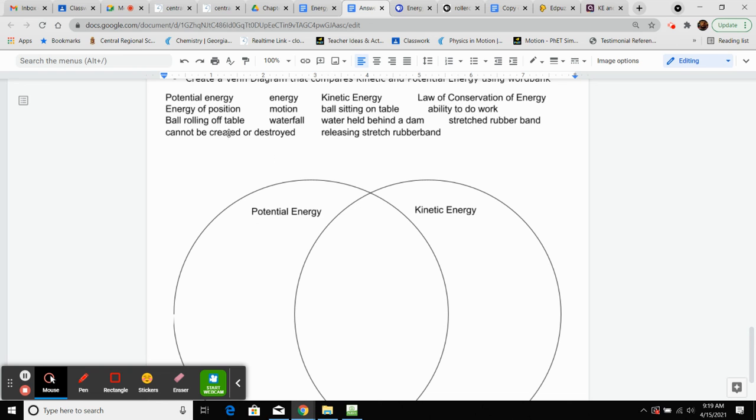So cannot be created or destroyed, that's both energies. Law of conservation of energy is in both. Energy would go under both. Ability to do work would go under both. And you could probably even put waterfall under both, because the water's starting up really high, and then it's also falling, so it's changing as it's falling.